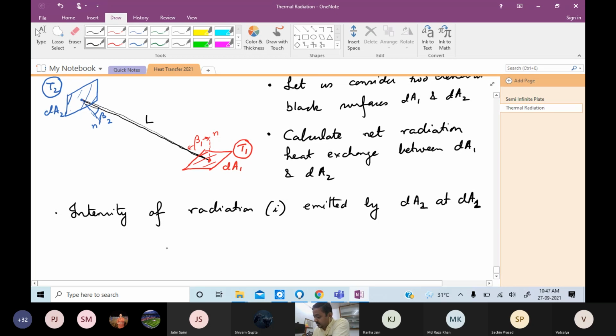What can I write? This is equal to dA2 cos beta 2. Why?